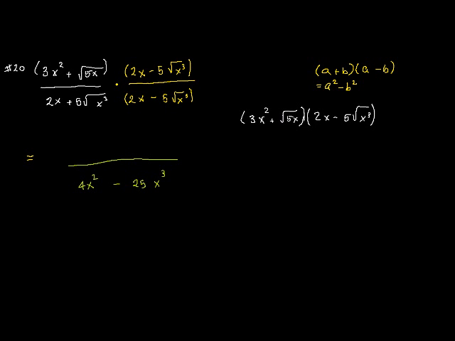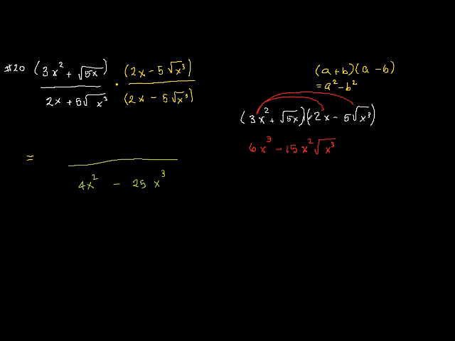And what I'm doing now is 3x squared times 2x, that's 6x cubed. And now 3x squared times 5 square root of x cubed is 3 times 5, and there's a negative, so that becomes negative 15x squared times square root of x cubed.